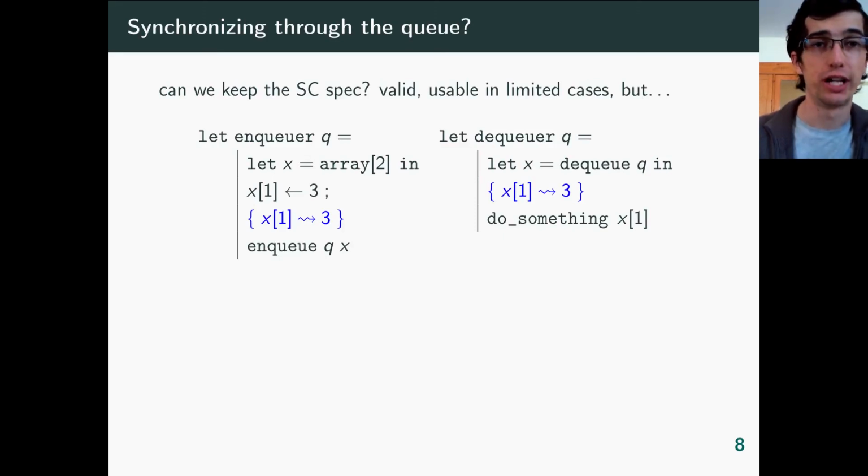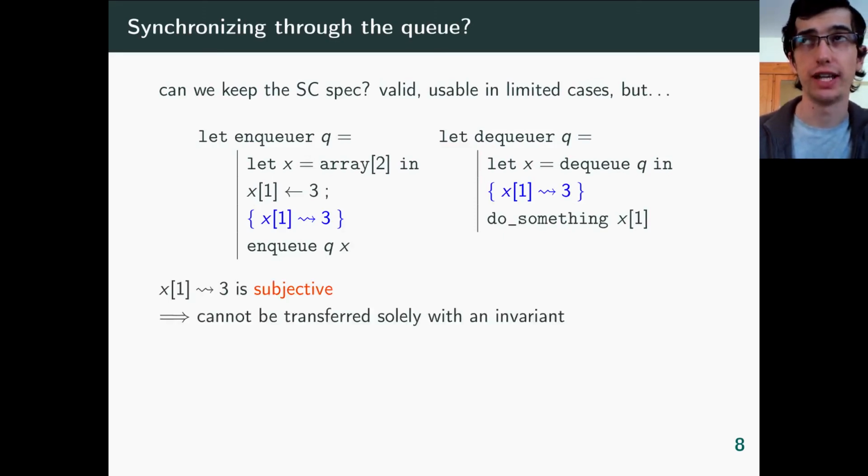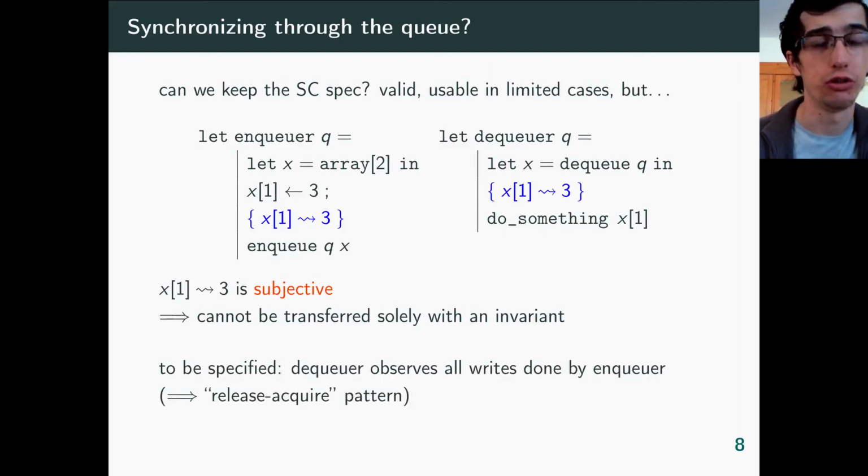But remember that we are in weak memory, so it's not because A knows it has written 3 to x[1] that B knows it too. So we want the queue to guarantee that when dequeuing, B learns about all writes known by A, which is a typical release-acquire pattern. This is a side effect that we need, so it must be specified.